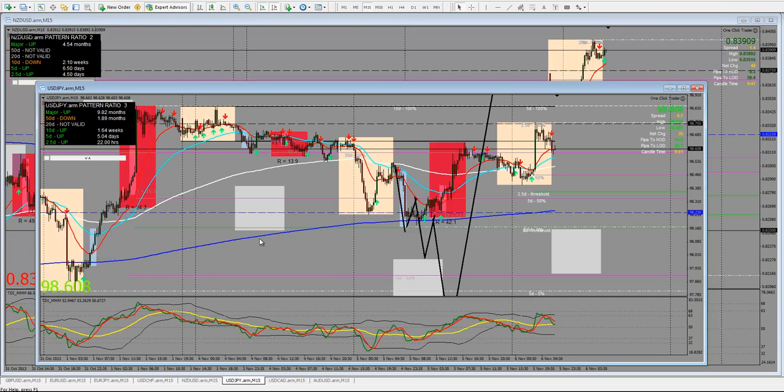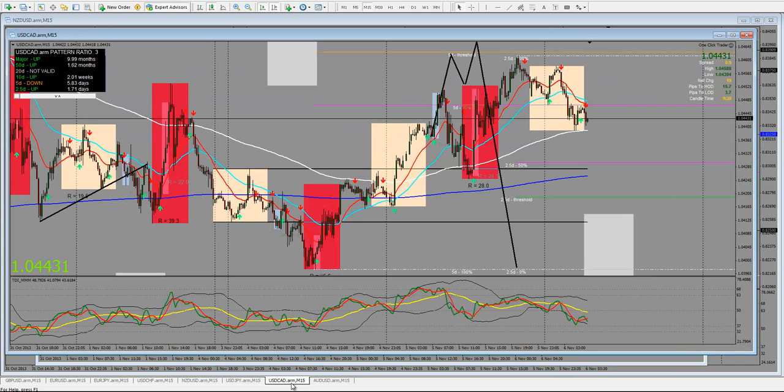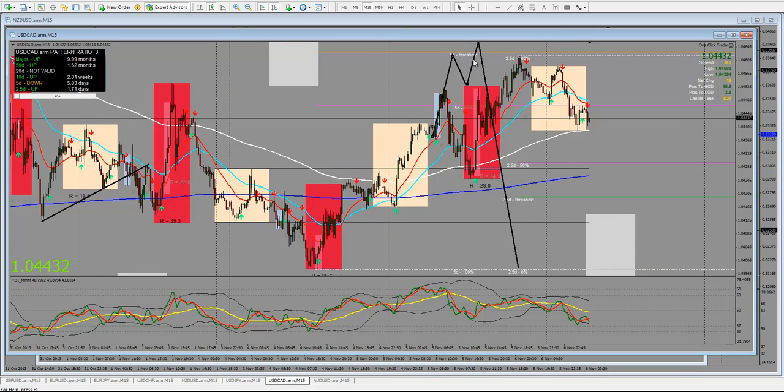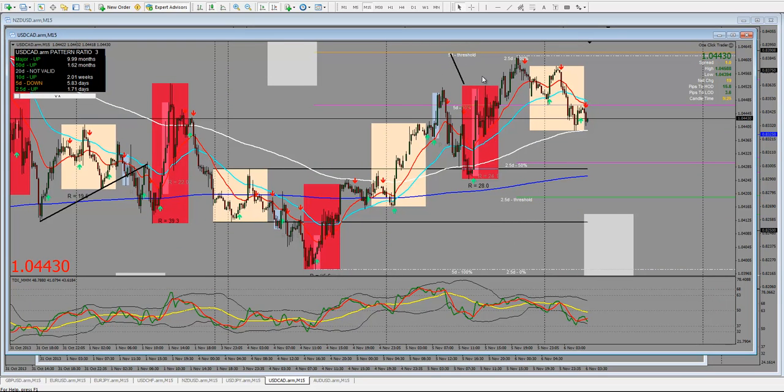Dollar yen, let's have a look at the dollar yen. I won't touch it these days because it's not very clear to me. So the dollar CAD, let me just remove all these lines so we can see a clearer picture of it. Look at the hourly chart first.